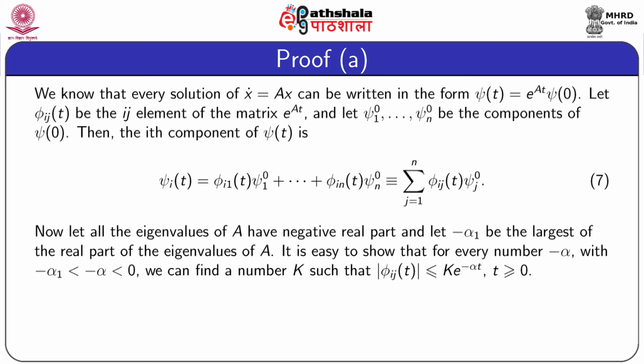Now, let all the eigenvalues of A have negative real part, and let minus alpha 1 be the largest of the real parts of the eigenvalues of A. It is easy to show that for every number minus alpha with minus alpha 1 less than minus alpha less than 0, we can find a number capital K such that the modulus of phi_ij(t) is less than or equal to K times e to the power minus alpha t, where t is greater than or equal to 0.